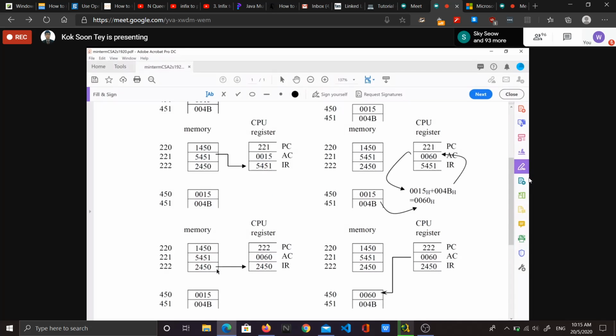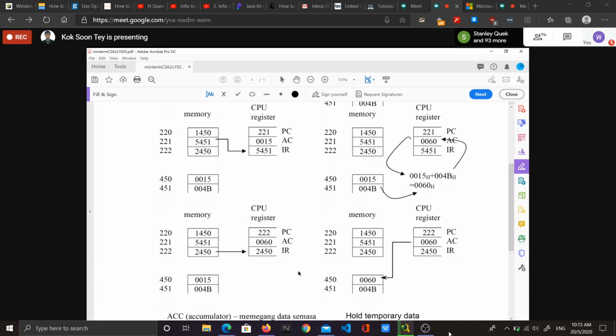So the next one is 222. They bring the instruction at 222 into IR. After they decode, they will bring the... Okay, any questions on the flow? How is the flow of the instruction?